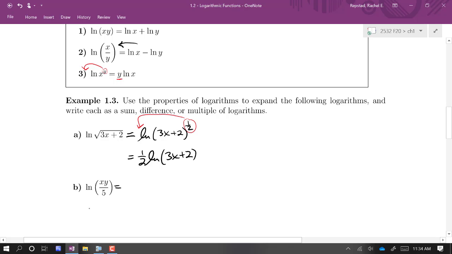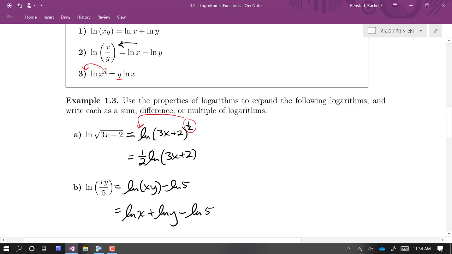Next, we have a fraction inside. So I can see that I'm dividing inside. So the first thing I'm going to do is write this as a difference of logs. So I have ln of xy minus ln of 5, but now I have a product inside that log, so I'm going to split that up as a sum. ln x plus ln y minus ln 5.